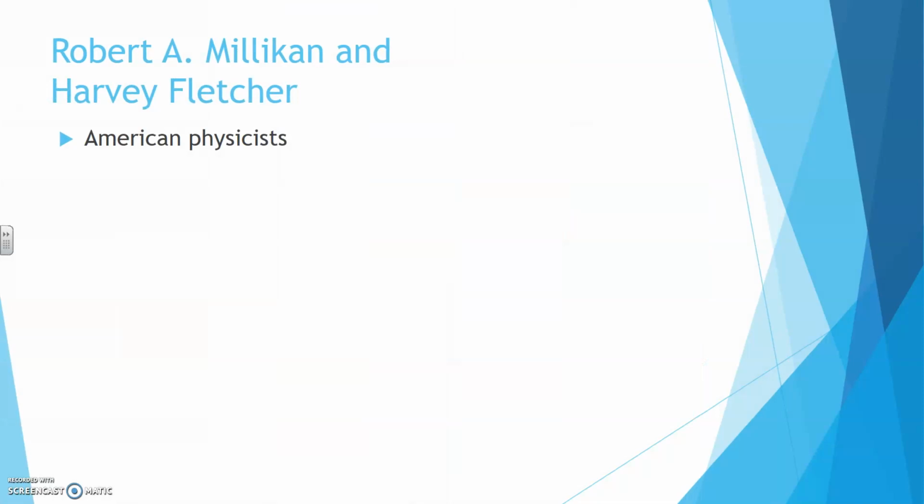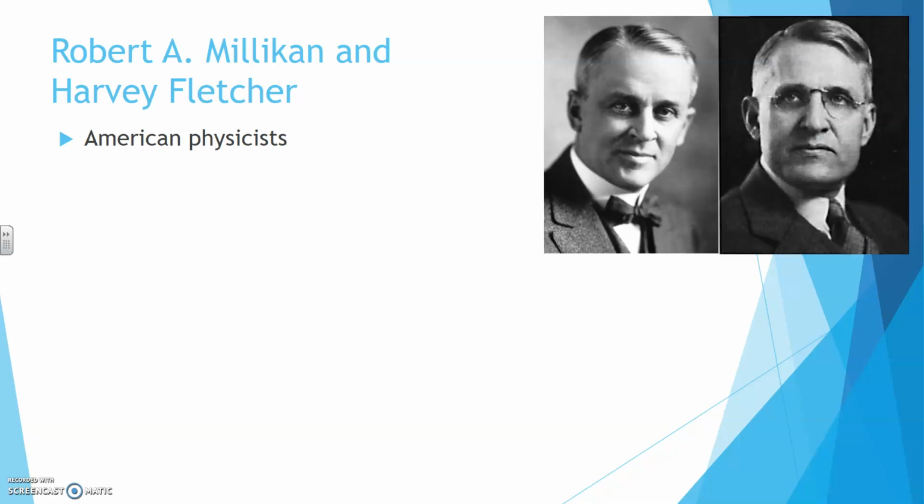Alright, next up we move to Millikan and Harvey Fletcher. They were American physicists. This is another example in science of one person doing a lot of work, then actually making the discovery, and then through a set of random circumstances, somebody else gets to take credit for it.